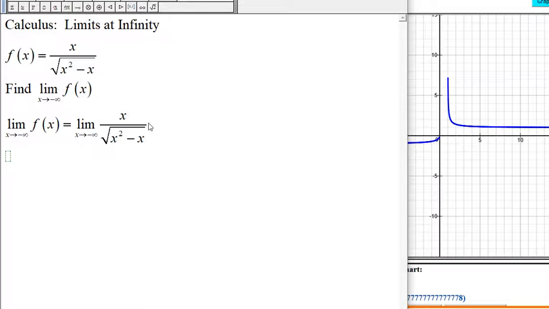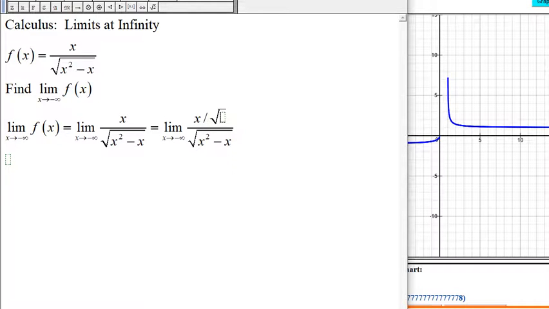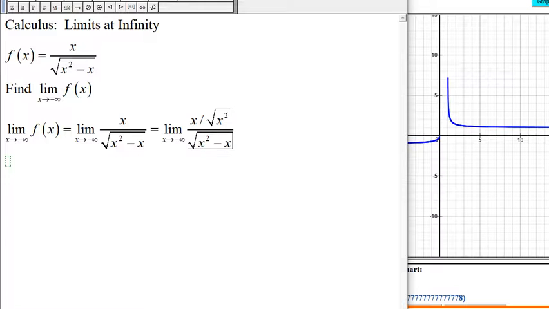And so what we want to do is divide both the top and the bottom by the square root of x squared.